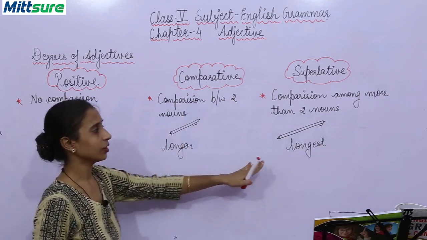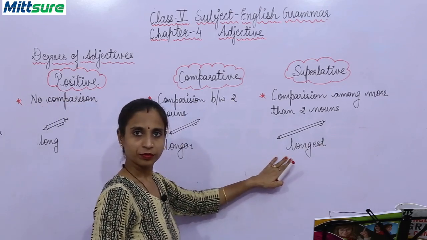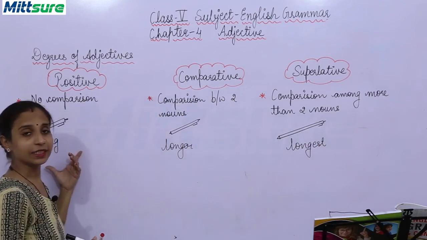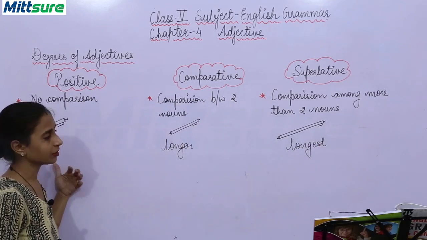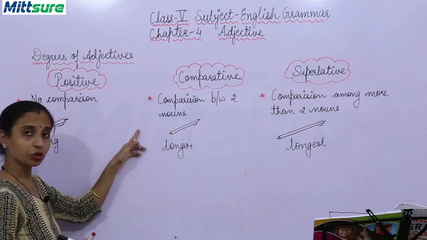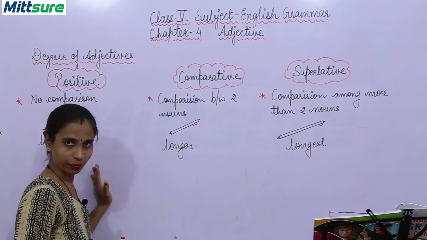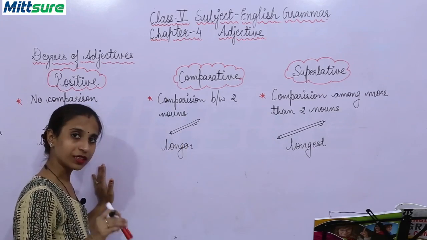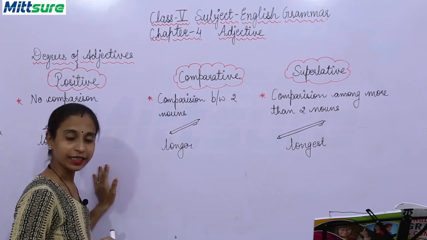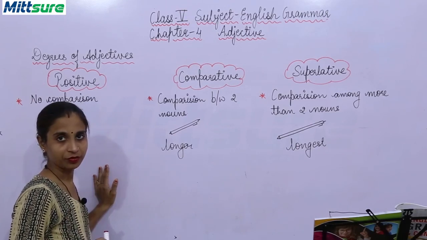Long, longer, longest. All right. This is when there is no comparison. Comparison between two pens, and comparison between more than two pens. So, these are degrees of adjectives.